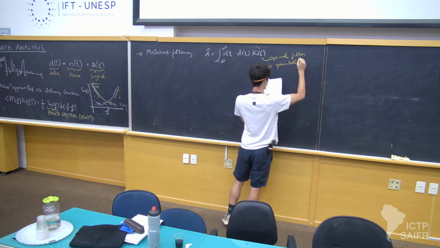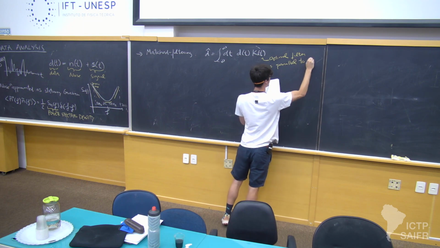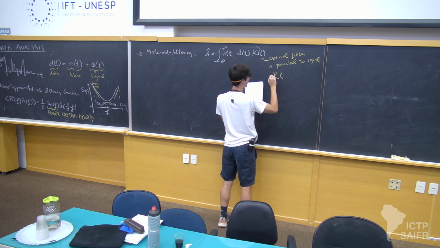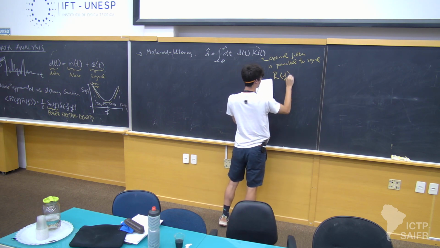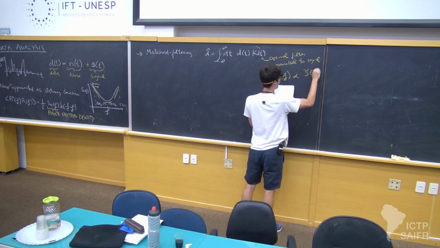Parallel in the sense that you have a filter that in frequency domain is proportional to the frequency domain signal, weighted by the power spectral density.